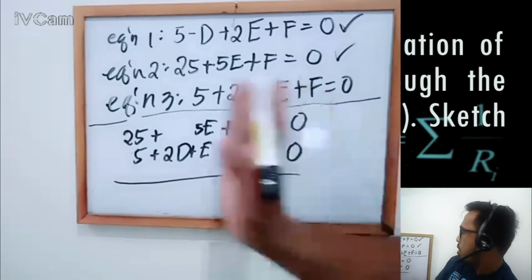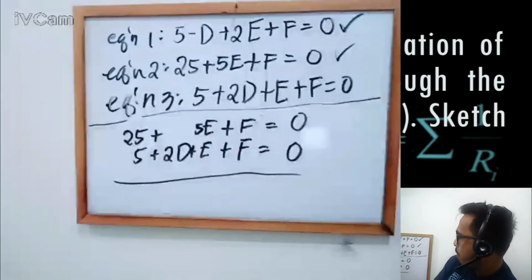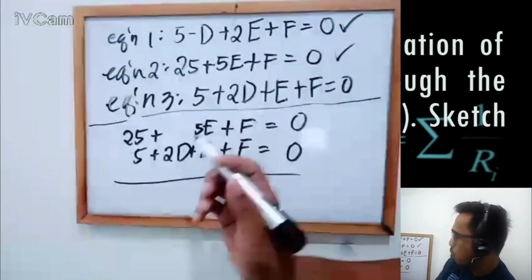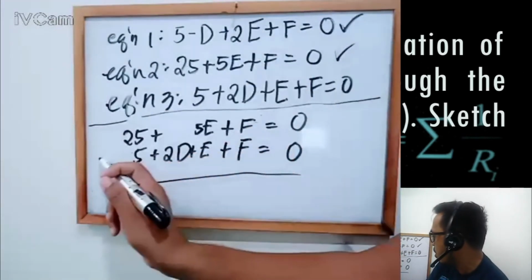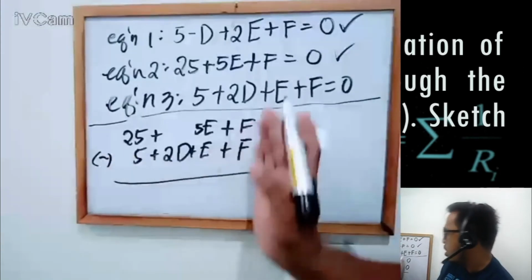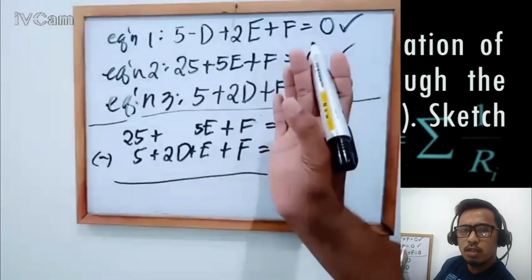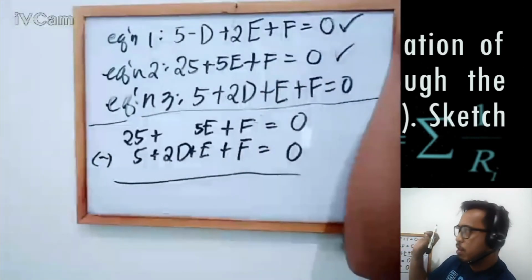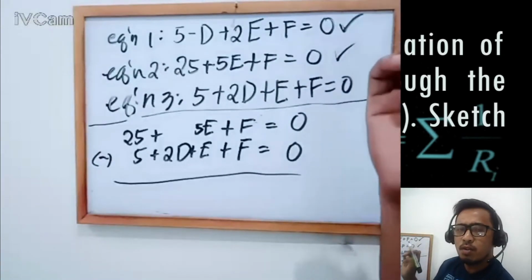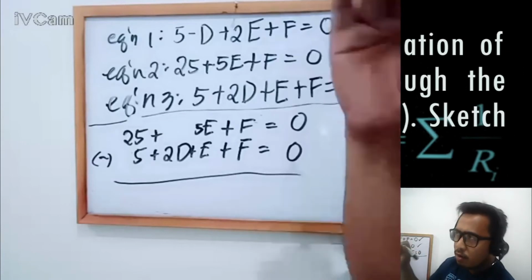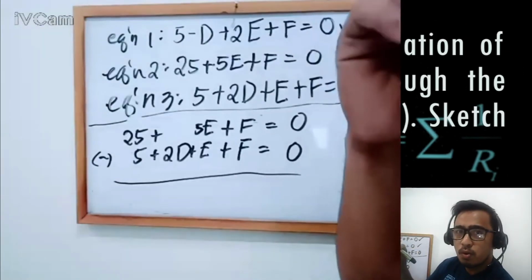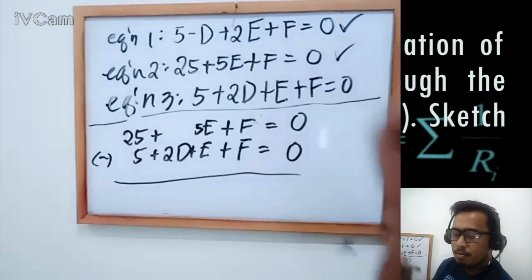Since we only have f having the same numerical coefficient, to make it easy, we will just subtract. But in case you don't have terms having the same numerical coefficients, then you should multiply either one of the equations or both so that they will be the same.